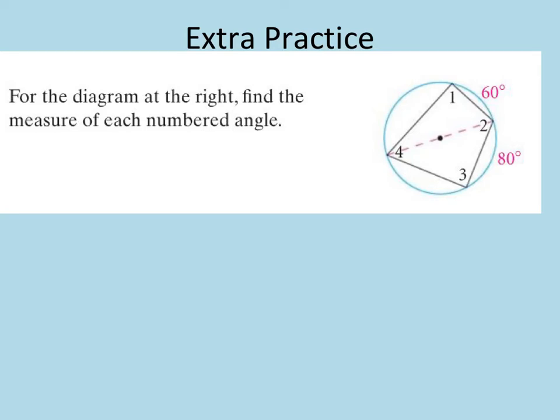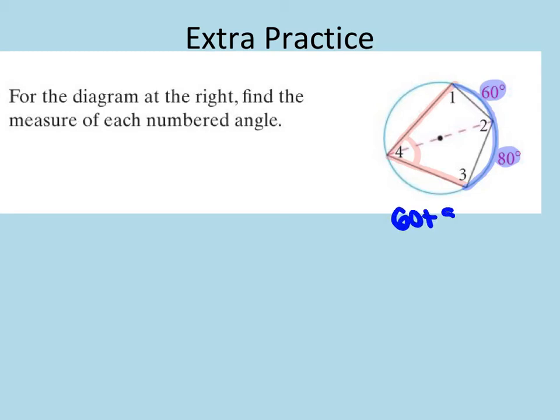Now the next example asks us to find the measure of all of the angles that are given. So if I look at what's given to me first, the first angle that's going to be the easiest to deal with is angle 4. Because if we look, angle 4 is an inscribed angle that intercepts this whole arc. Now we can combine the 60 and the 80 from these two arcs.